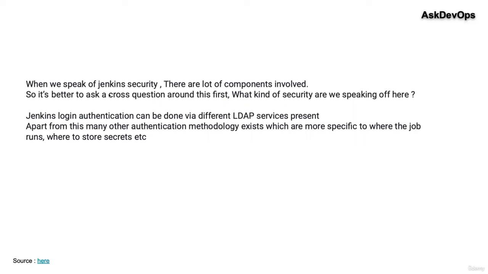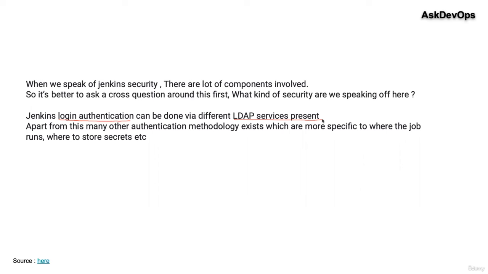First and foremost, when it comes to Jenkins, login authentication is required as a first line of defense, irrespective of what you do in Jenkins. And with respect to login authentication, you can do this via different LDAP services.